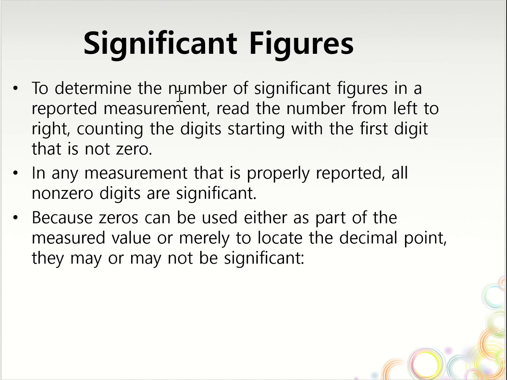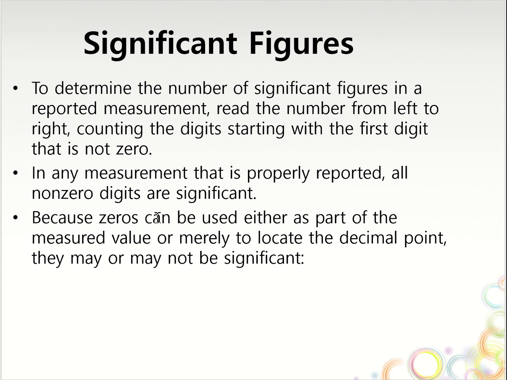To determine the number of significant figures in a reported measurement, read the number from left to right, counting the digits starting with the first digit that is not 0. In any measurement that is properly reported, all non-zero digits are significant.